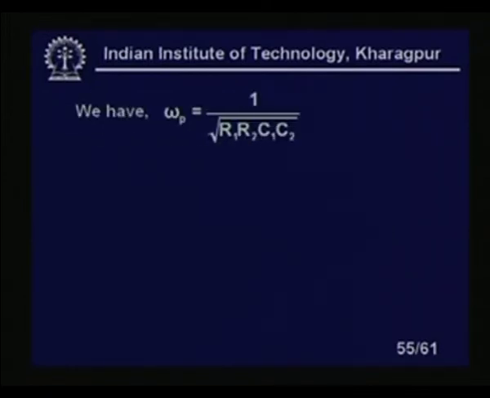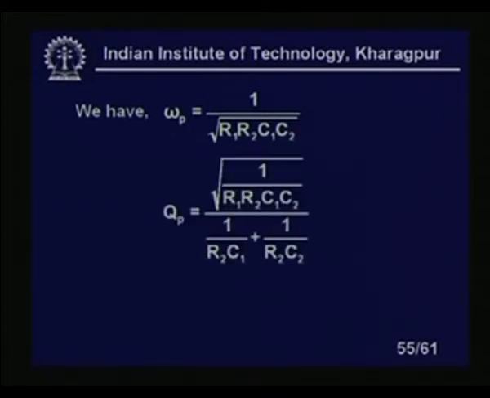We have omega p equal to 1 upon root over R1 R2 C1 C2, QP equal to under the square root 1 upon R1 R2 C1 C2, whole upon 1 upon R2 C1 plus 1 upon R2 C2, right, and gain constant k equal to 1 by R1 C2. That is quite obvious because there is no positive feedback. So, it is a negative feedback topology, that means the RC network is in the negative feedback path. So, this is the filter.